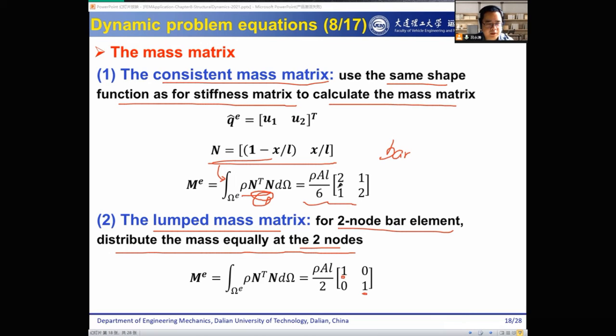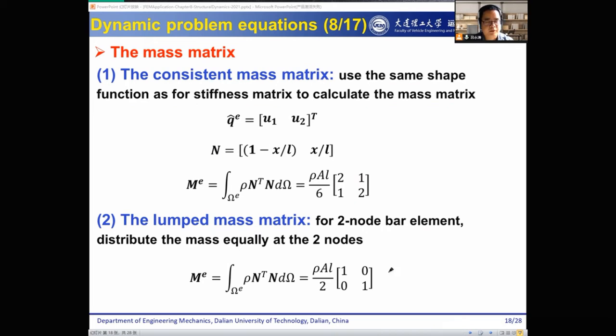But for the consistent mass matrix, it is different. We not only distribute on the nodes, we also distribute the mass on those other locations. These are different, so we introduce this to make you pay attention.